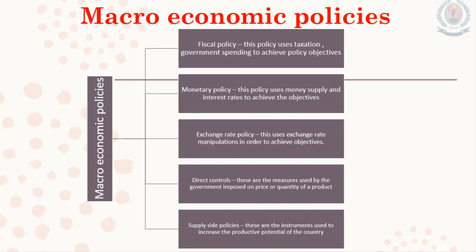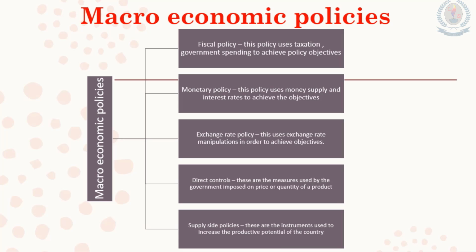Macroeconomic policies. We have 5 main macroeconomic policies, namely fiscal policy, monetary policy, exchange rate policy, direct controls, and supply side policies. Fiscal policy uses taxation and government spending to achieve policy objectives.